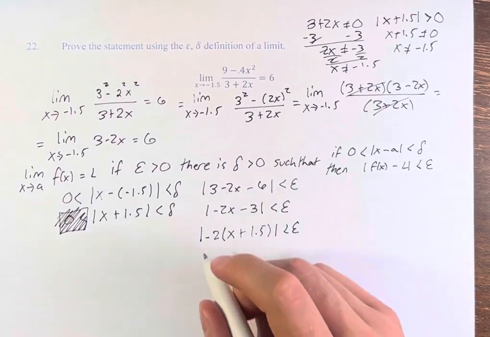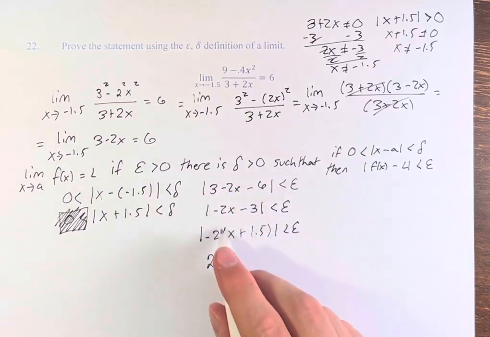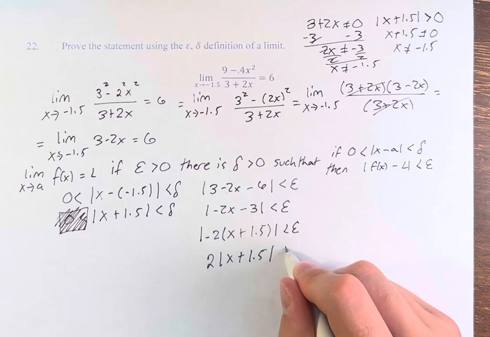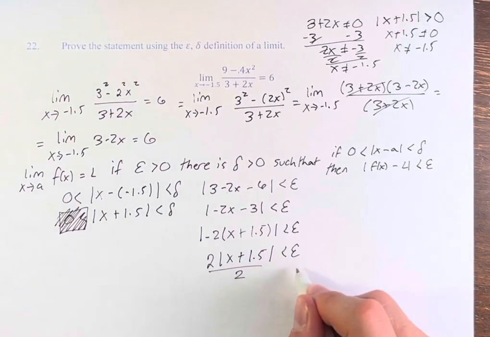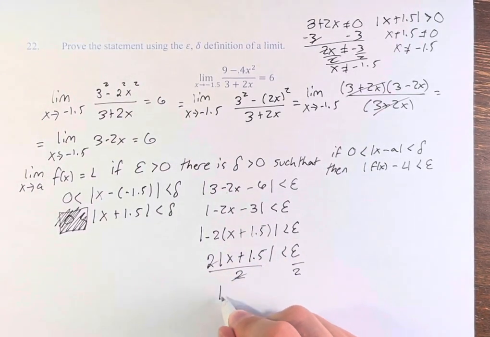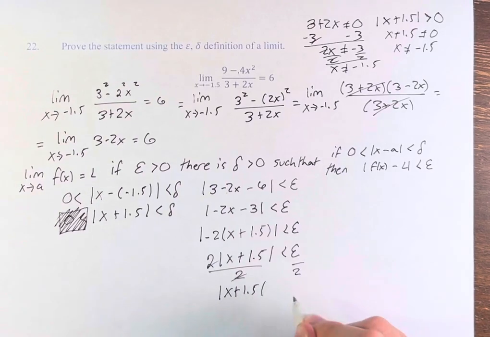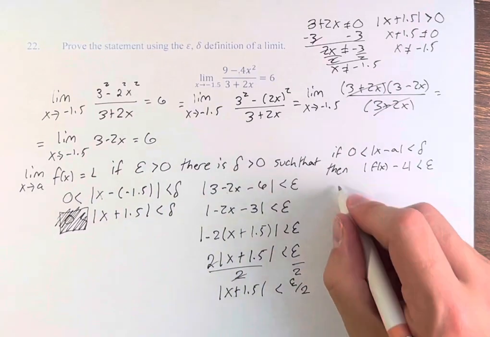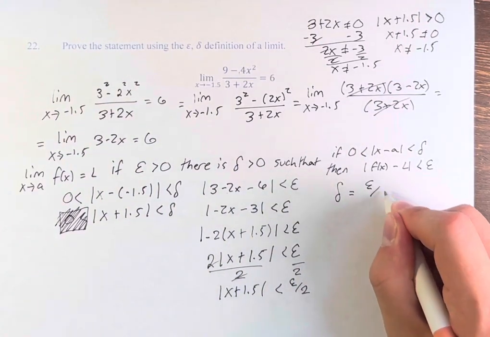Factoring out a negative 2, it becomes positive 2 because we took the absolute value of it. 2 times the absolute value of x plus 1.5 is less than epsilon, dividing by 2, the absolute value of x plus 1.5 is less than epsilon over 2. This absolute value is less than delta, and it's less than epsilon over 2. Therefore, we can say that delta equals epsilon over 2.